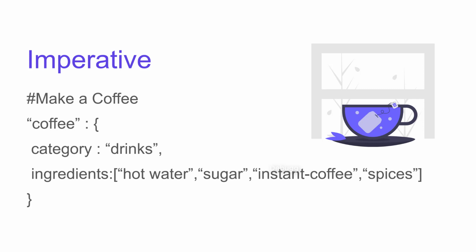We would use an index where we have a keyword coffee, the category is drinks, and the ingredients we need to specify are hot water, sugar, instant coffee, and spices. If we give this to infrastructure as code, it would create a coffee with the ingredients which were specified. So it's imperative in nature.